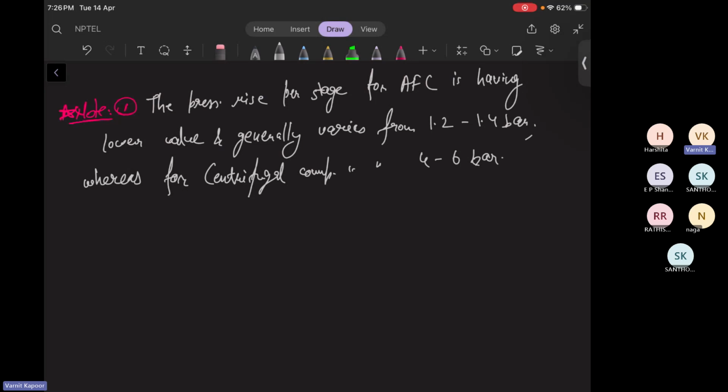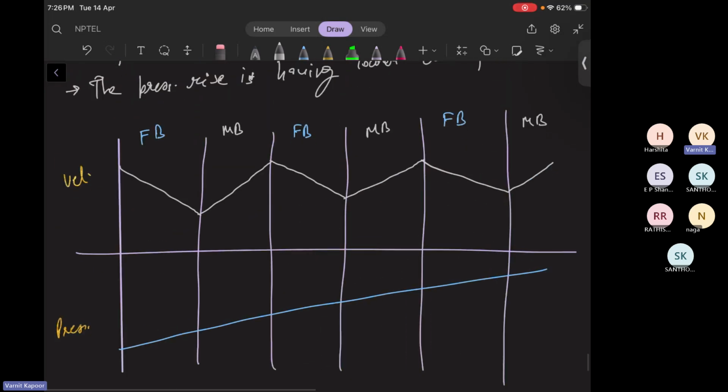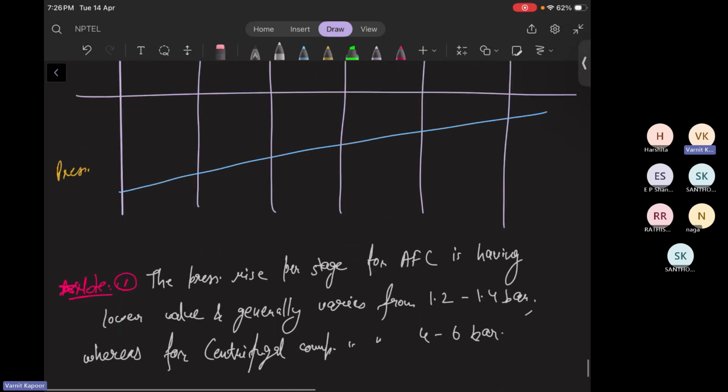As the pressure increases in every stage, as you see in the blue line, the density also increases, since P is equal to rho RT. And in order to maintain a constant axial flow velocity, the flow rate is rho into area into velocity. If the area of the blades is the same and the density increases, the velocity has to decrease to maintain a constant flow rate.